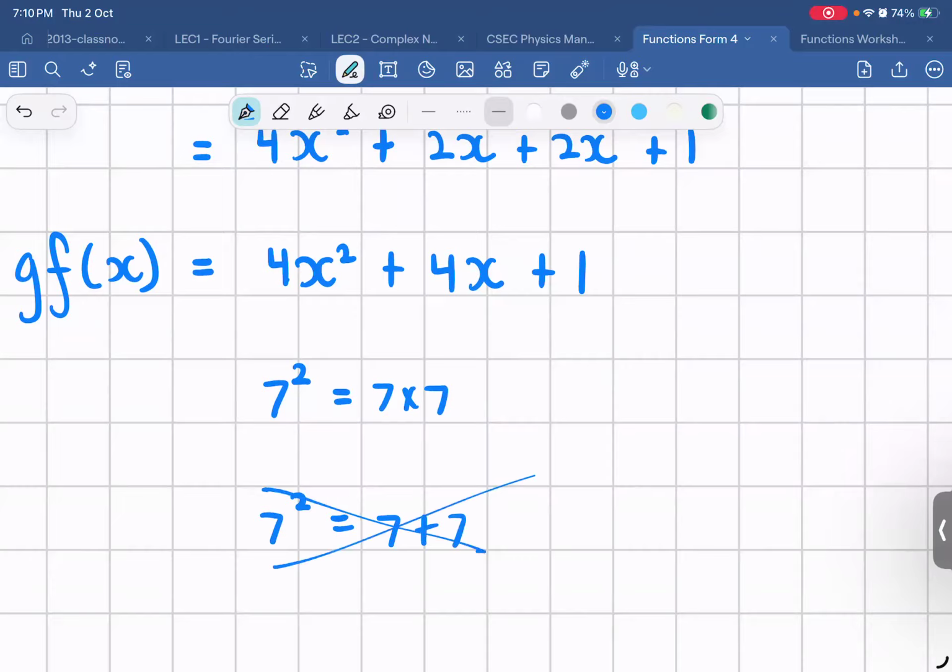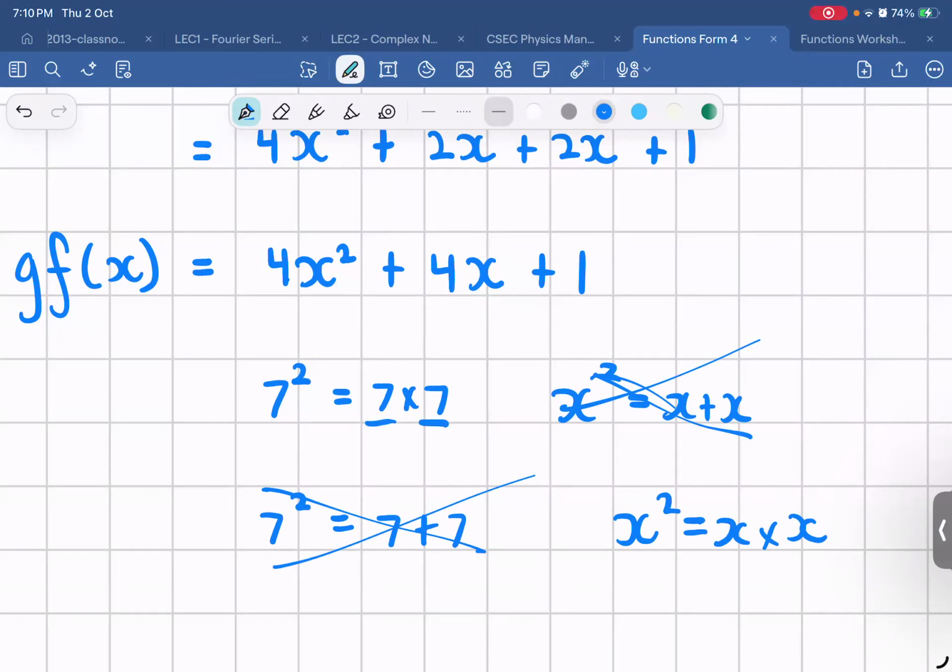So let me look at it like this. Do you think x squared is x plus x? Nah, sir. Do you think x squared is x by x? Yes, sir. Yeah, because then 7 squared was 7 by 7. All right.